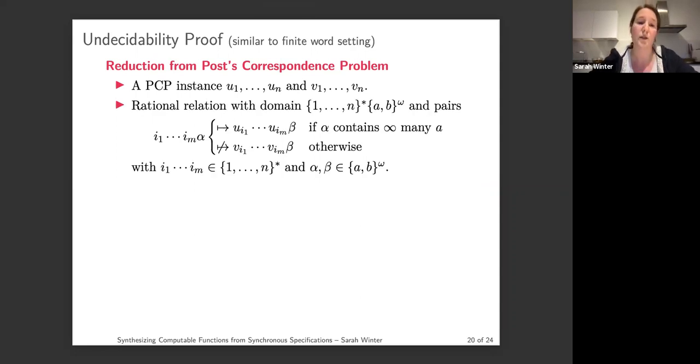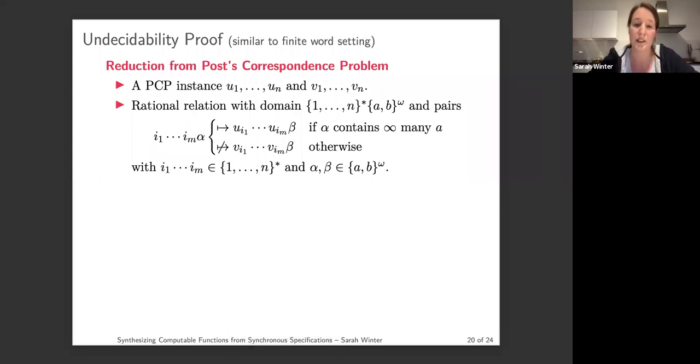So we have an instance of the PCP problem. We have the dominoes. The upper halves are labeled with U1 to Un, and the lower halves are labeled with B1 to Bn. And then we have to construct a rational relation. The rational relation starts with a finite number of indices, which should be the indices of the dominoes, and then the remainder is an infinite string composed of A's and B's, and the output depends on whether this remainder contains infinitely many A's or not.